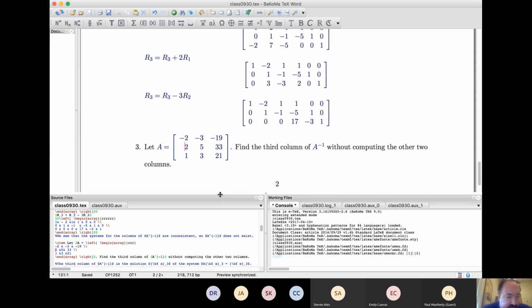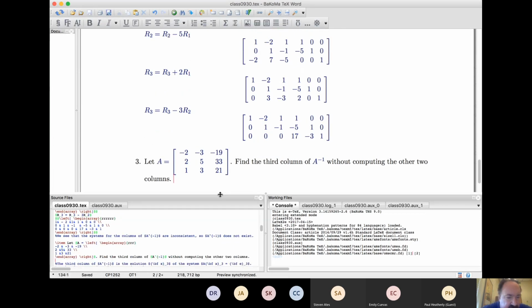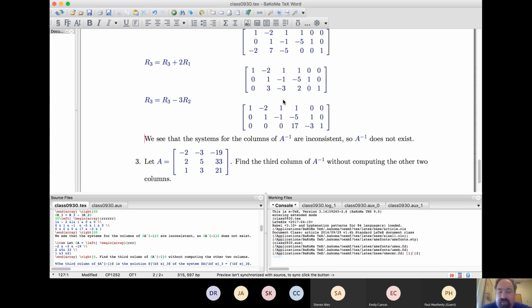So what we could conclude is that these systems, AX1 is E1, AX2 is E2, AX3 is E3, are inconsistent because we have non-zero values over here and all zeros over here. So whatever systems we'd have to solve to get the columns of A inverse, they're inconsistent. So there is no inverse.